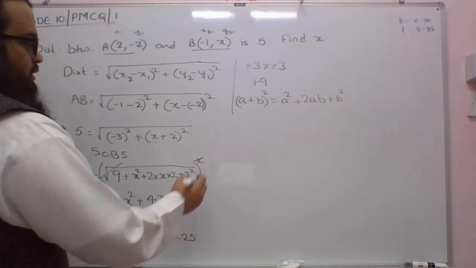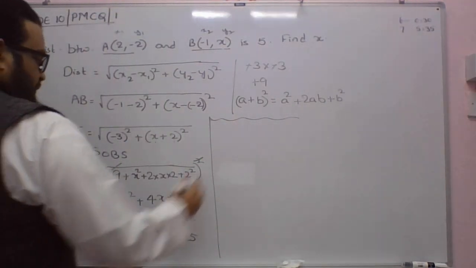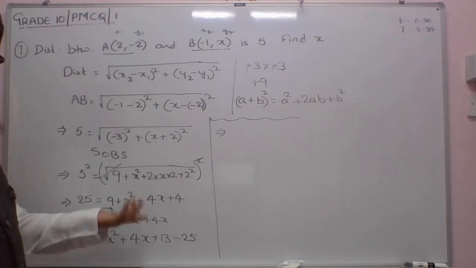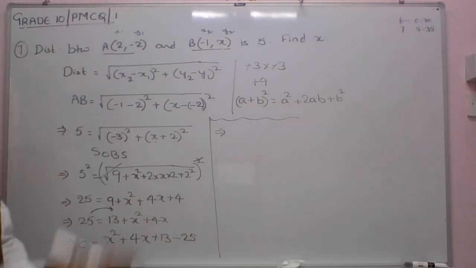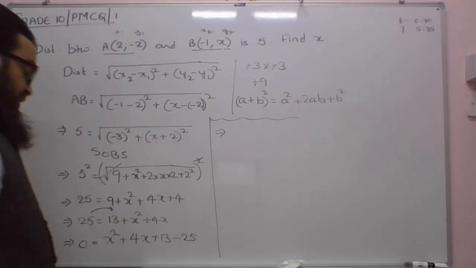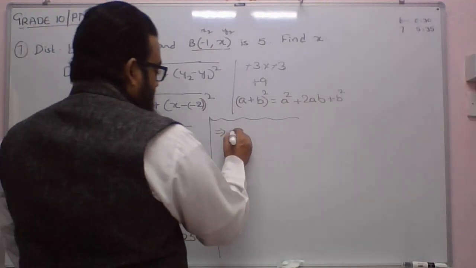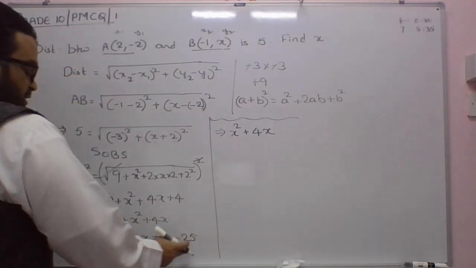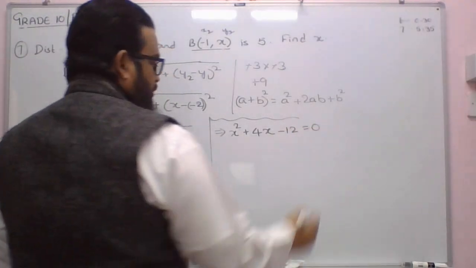Understood or not? When you have 0 on one side, without changing signs you can interchange the positions. Now on the right hand side, what is it? X square plus 4x, and 13 minus 25 is minus 12, equals 0.